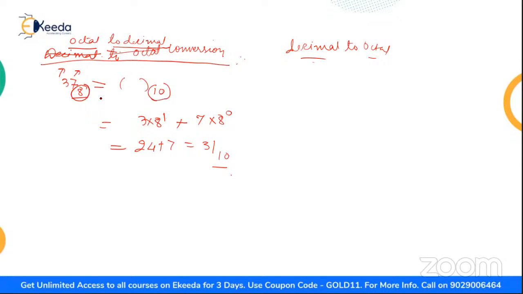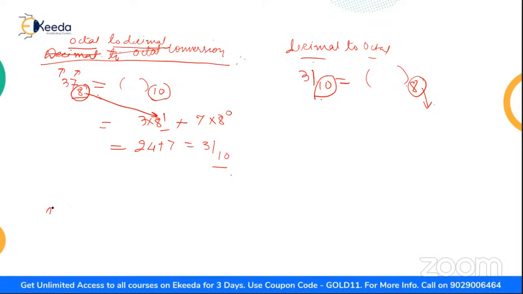So we'll use always the given base. Suppose we want to convert 31 decimal to octal. So base given is 10. Unknown base is base 8. In this case, whenever we are multiplying, we will use the given base. Whenever we are dividing, we'll use the unknown base.